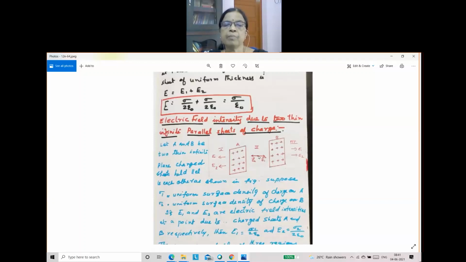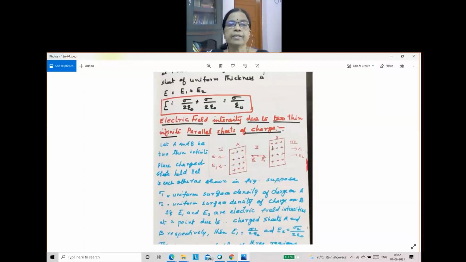The electric field due to sheet B, which is positively charged, E2, is towards the left side. So the net field will be E1 minus E2. If they are equal, then it will be 0. If they are equally charged, with the same sigma, then it will cancel.